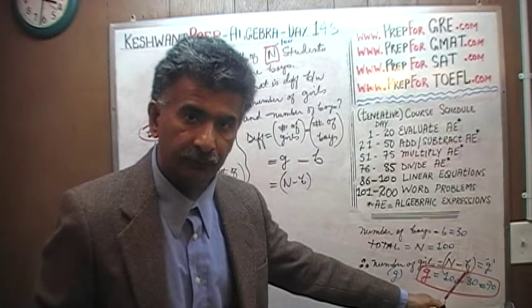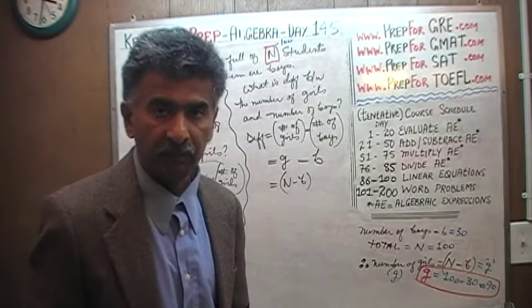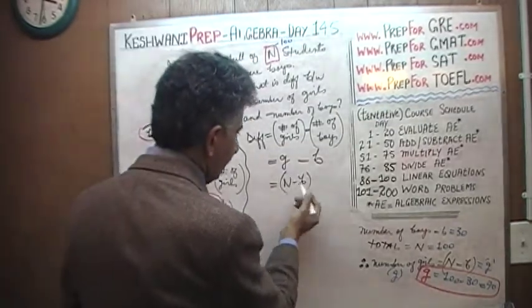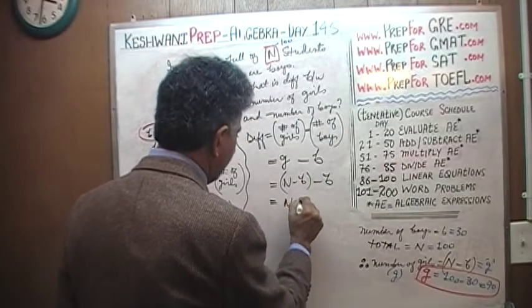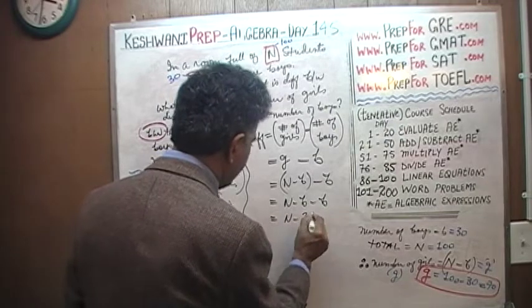The total number of students minus the number of boys must be the remainder, whatever is remaining, must be the girls. So that's what G is, minus B. Open the parenthesis, n minus B, which is the same as n minus 2B.